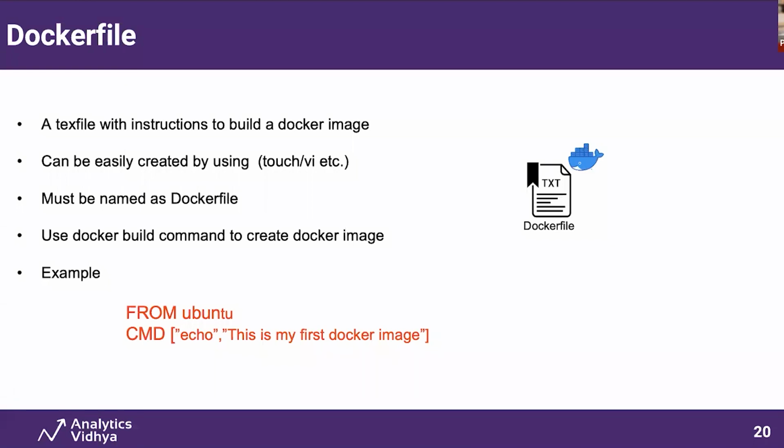If you want to install MySQL, Redis or Node.js, there are standard Docker images available in Docker Hub, which you can straightforwardly pull and start working with. Child images are those where you use a base image and then make some changes on it. Base images are those where you are not using any existing Docker image.